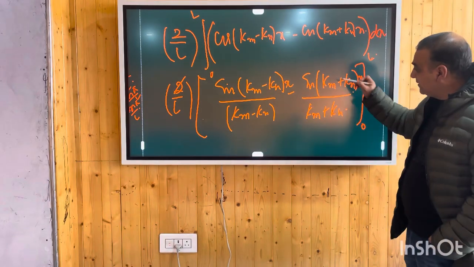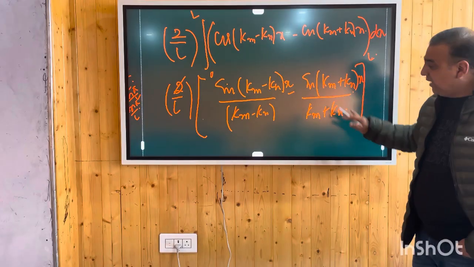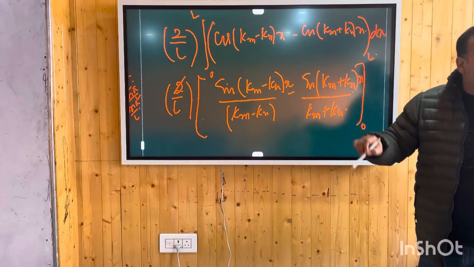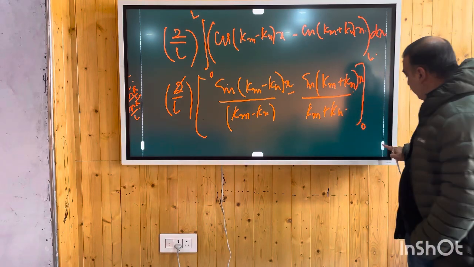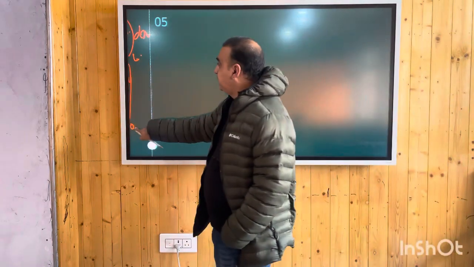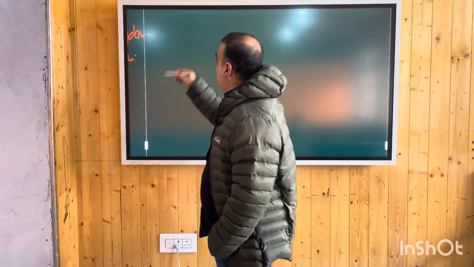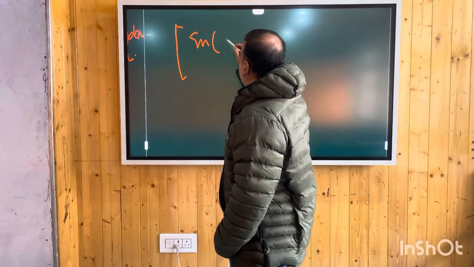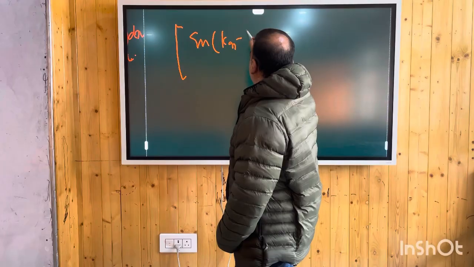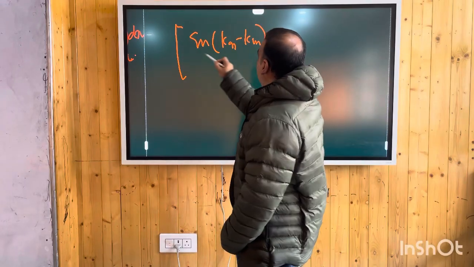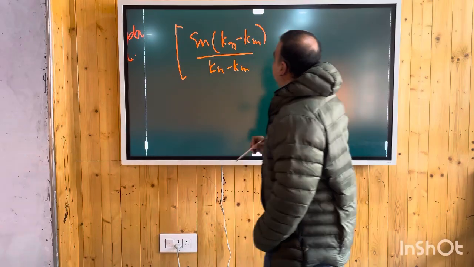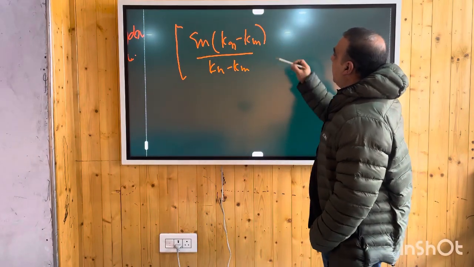Okay, so again the same thing will happen here. The upper limit remains and the lower limit is gone. So I would like to directly write down what? The upper limit. What will that be? That will be sine (Kn minus Km) L divided by (Kn minus Km), isn't it?